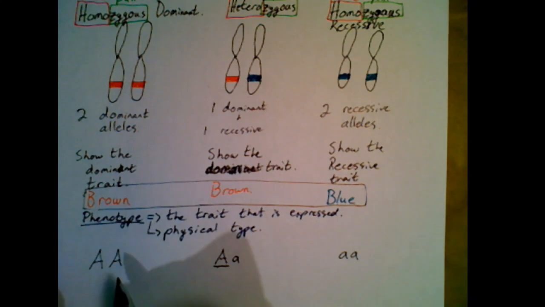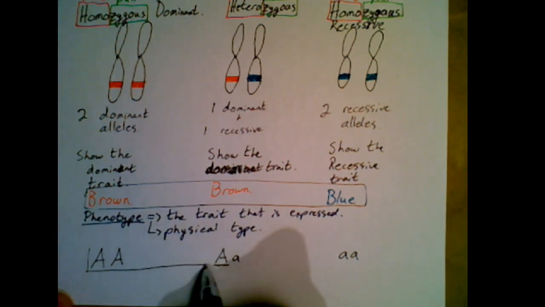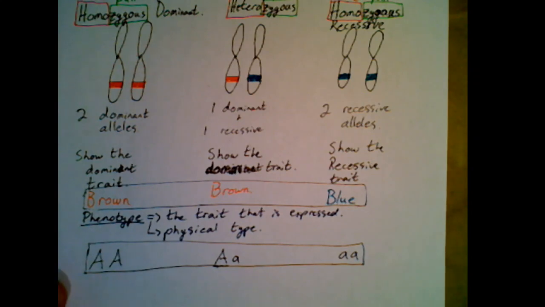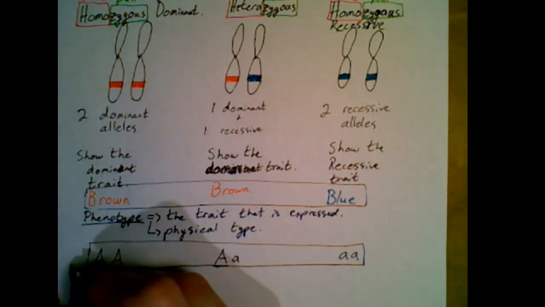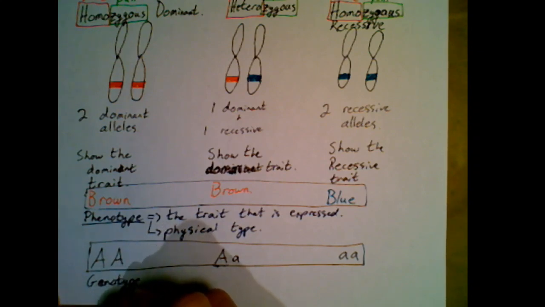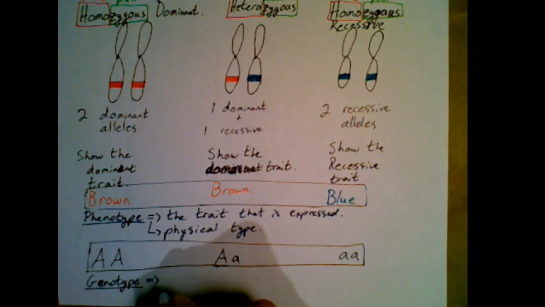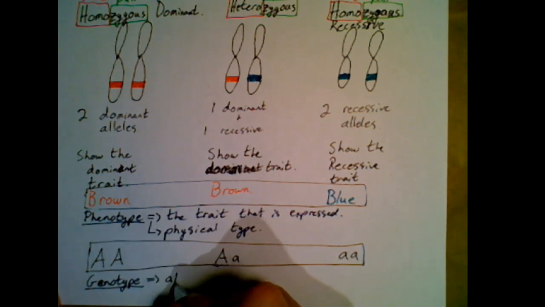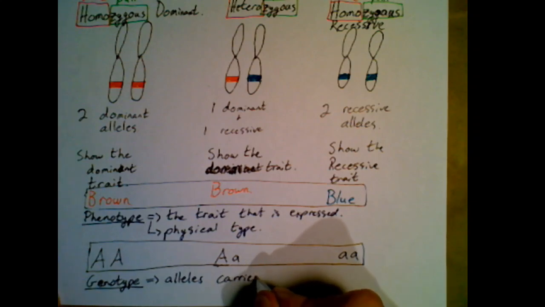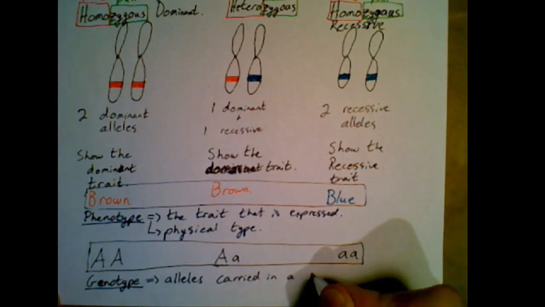This set of letters is what we call the genotype. Your genotype is the alleles carried in a cell.